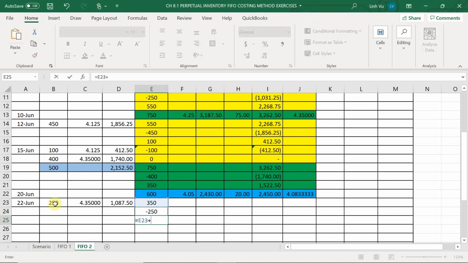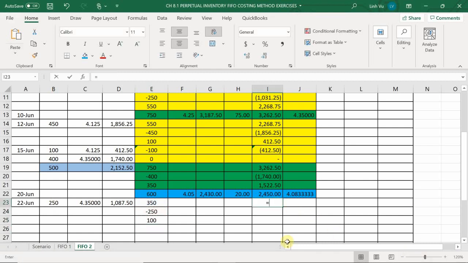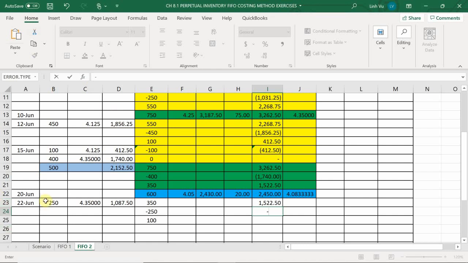So once again, I'm going to eliminate that 250. So how much should I have remaining? 100 units. Okay, if I started out with 1522.50 and I sold 1,087.50, how much should I have remaining? $434.5.